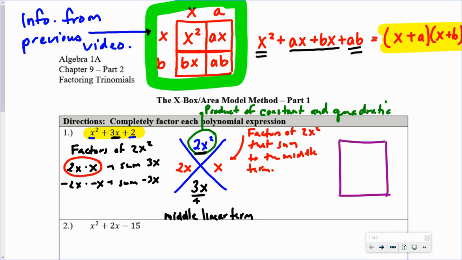Now, that box up there is set up in 4 pieces. And if you look, this right here is the first term in our original quadratic expression. So the first term for number 1 is just x squared. So I'm going to pop that in the top left-hand corner. The bottom right-hand corner is the constant term a times b.